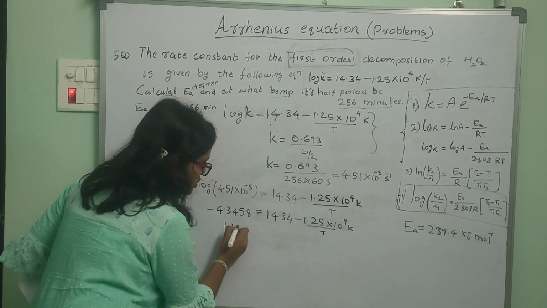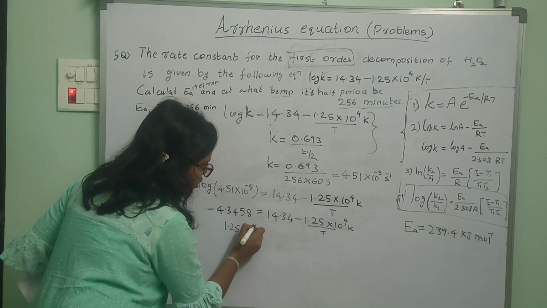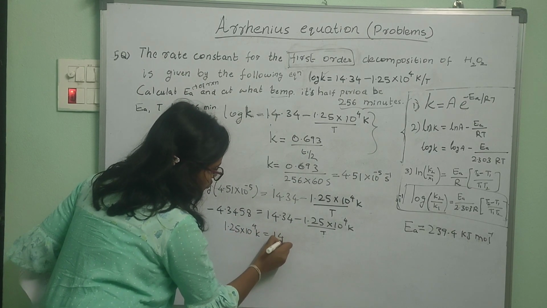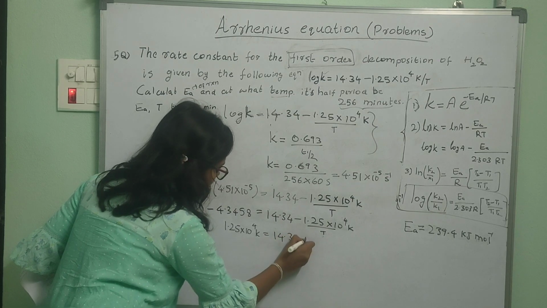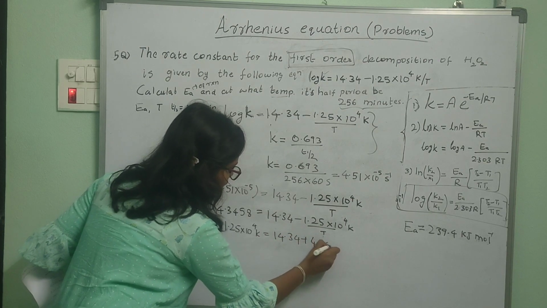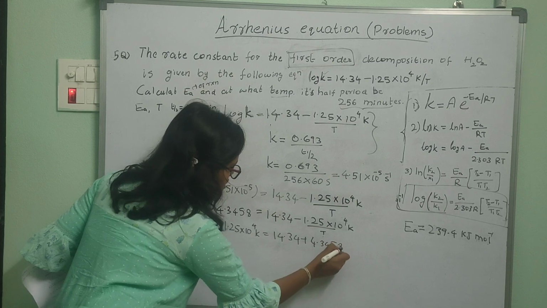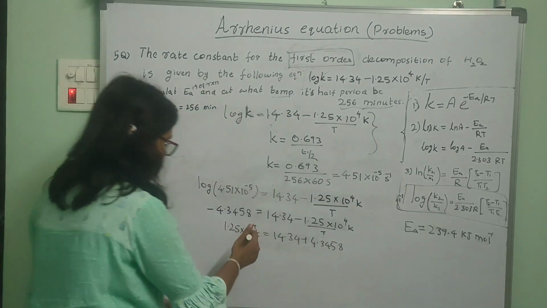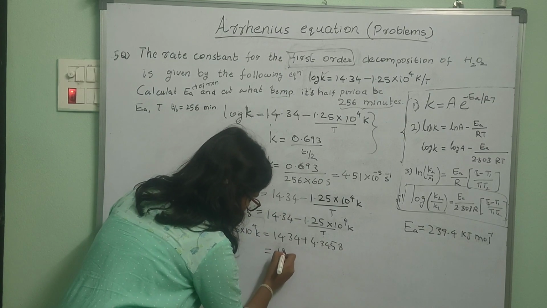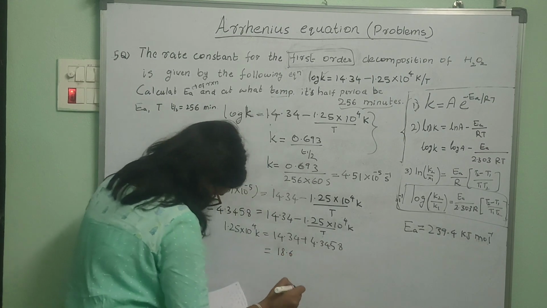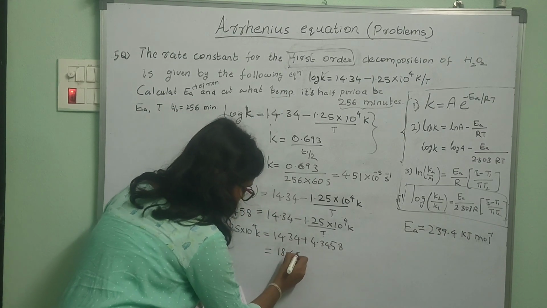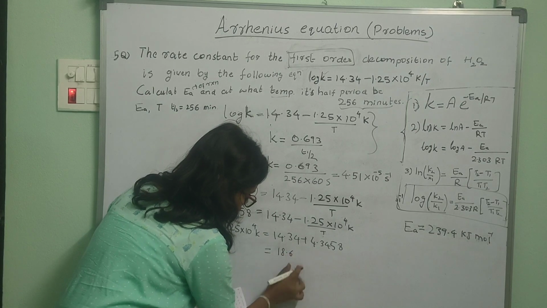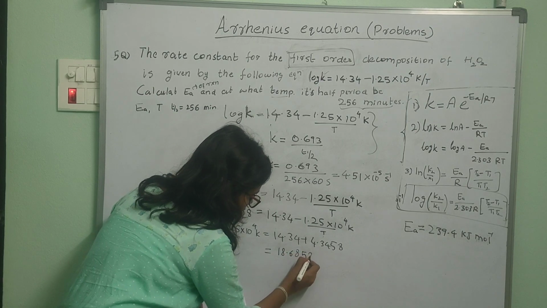So I'll get 1.25 into 10 power 4 K is equal to 14.34 plus 4.3458. This would be around 18 or 19. So this is 18.6858.